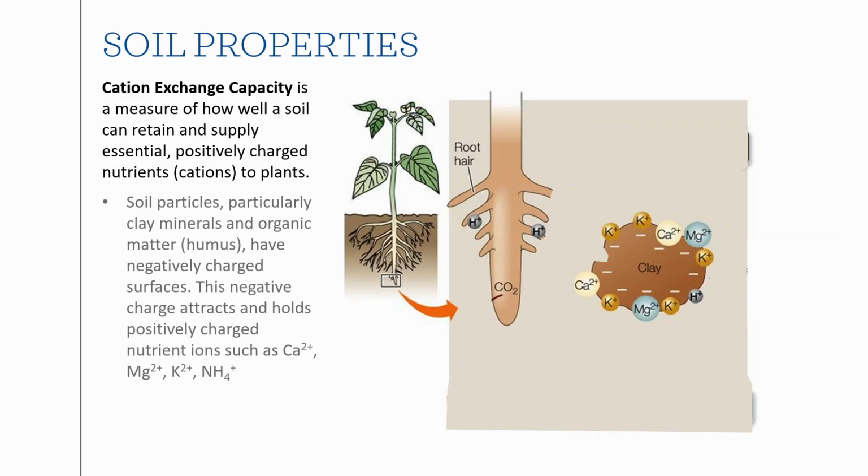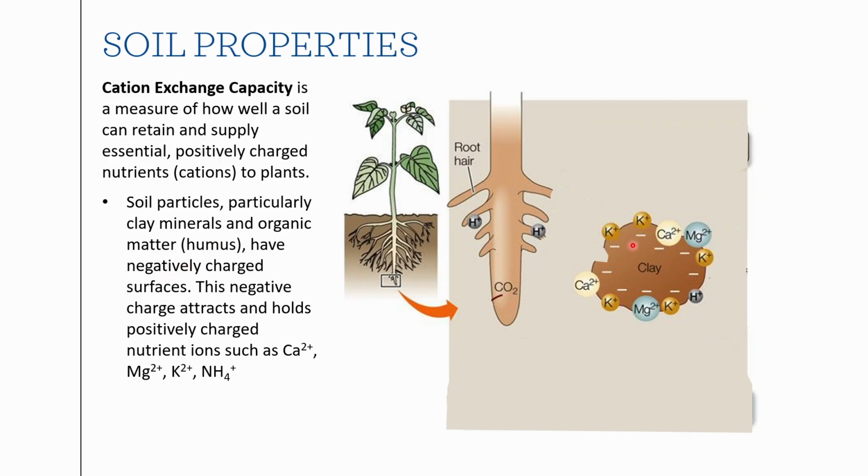So one of the interesting phenomena is that clay, which we know is an important part of a loamy soil, right? You want to have clay, not too much, but just enough to be present, because the clay particles tend to have a lot of negative binding sites on them, as you can see in this diagram over here. Same thing with organic matter. It tends to have a lot of negatively charged surfaces.